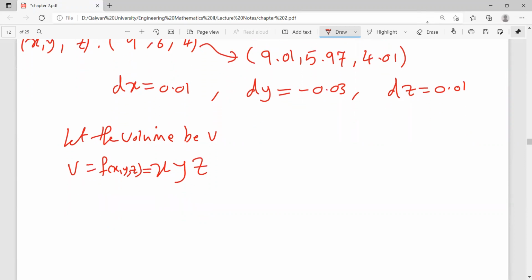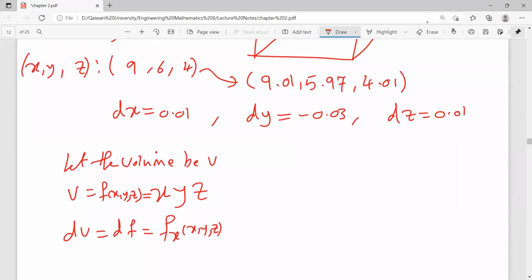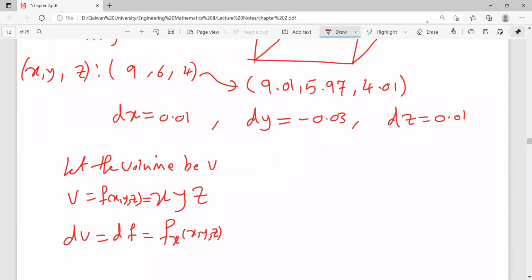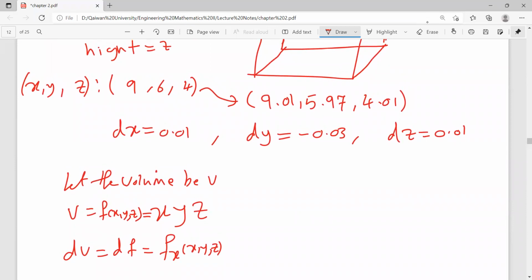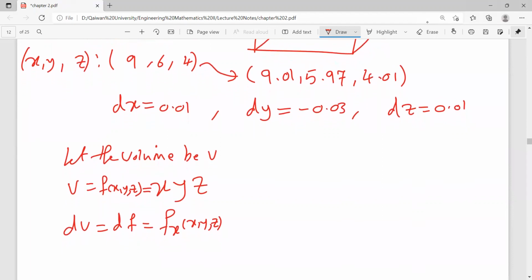And here we say dV equals df, which is f sub x at (x, y, z). What are x, y, and z? We use the original values, the values before changing. So x is 9, y is 6, and z is 4.